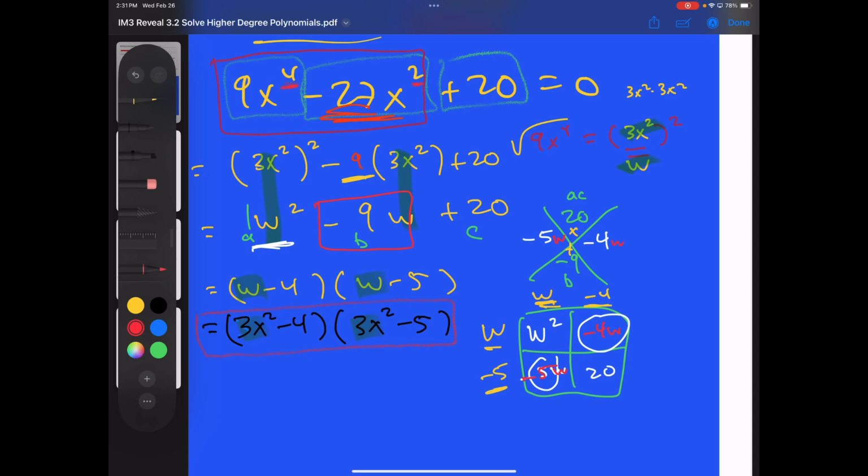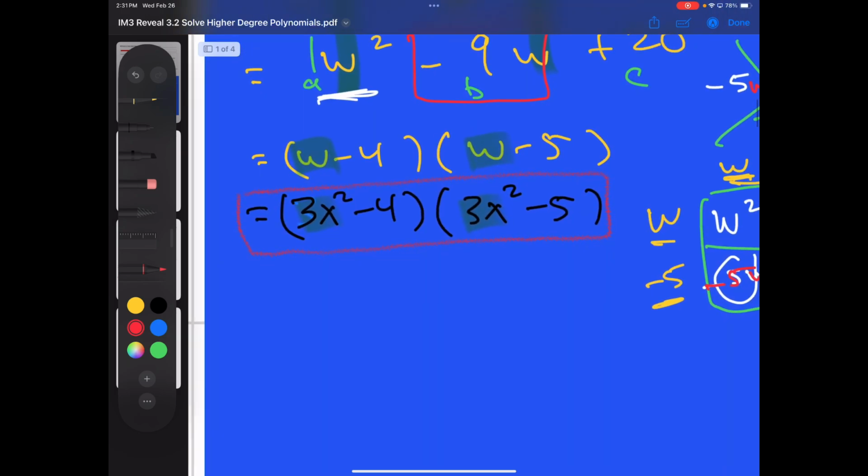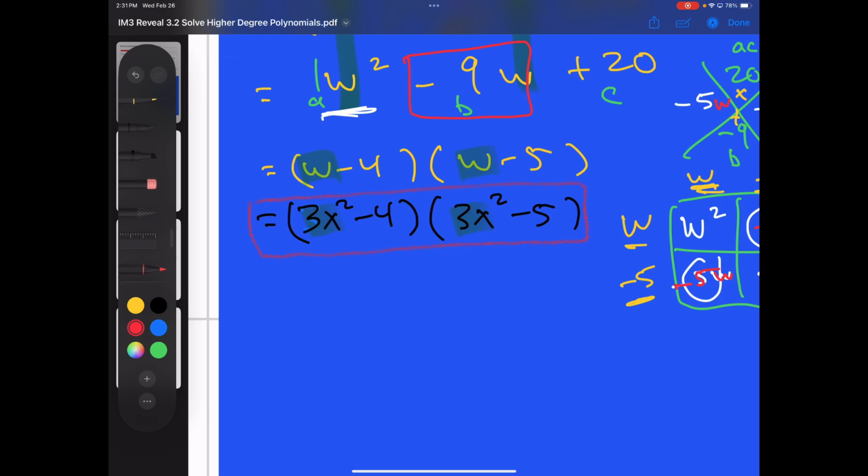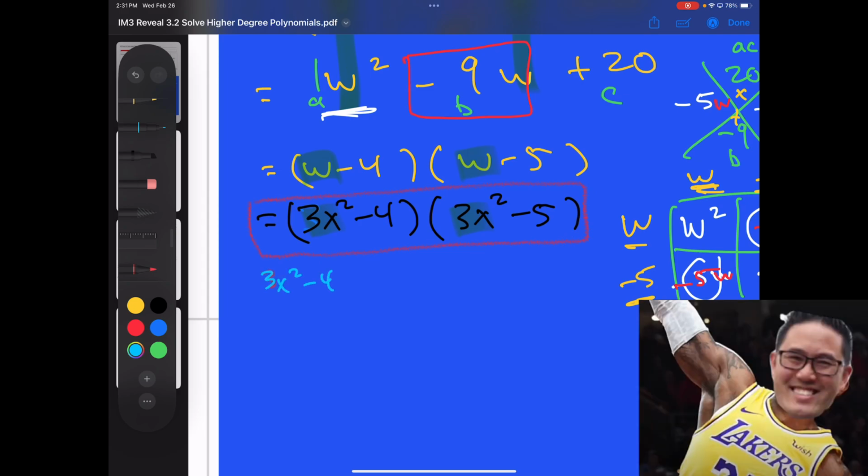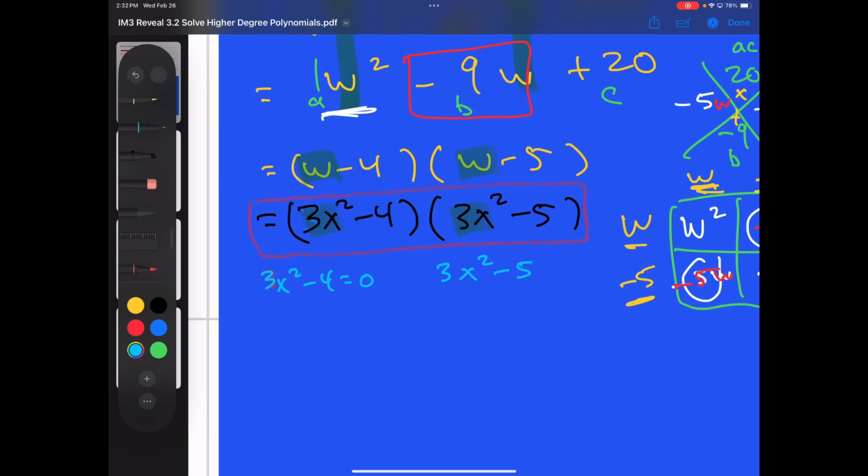That's what we learned last week. This week we learned to solve, and all we have to do now is what? Set it equal to 0. Do you guys remember that? 3x squared minus 4 equals 0. And 3x squared minus 5 equals 0. Go ahead and take a minute to try to solve both of those. And then we'll continue. Ready, set, go?